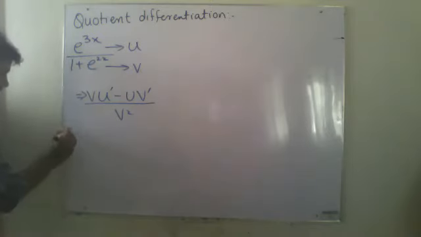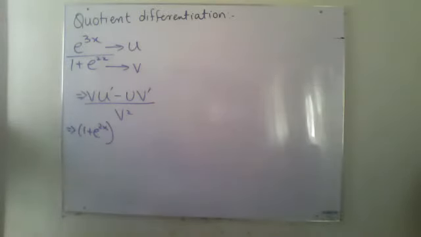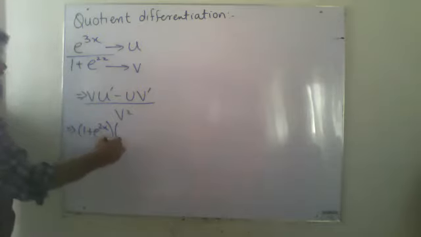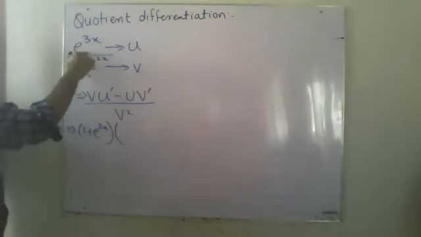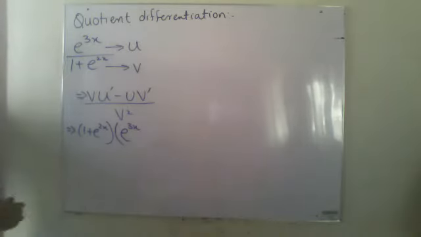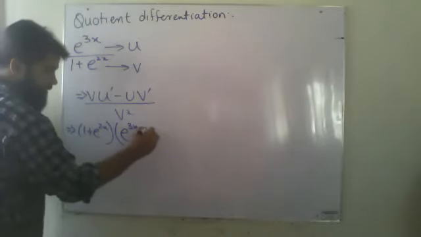See, v is 1 plus e to the power 2x. U differential. So what will happen? In the differentiation of an exponential, first of all we write the whole thing again, and then we differentiate the power, and the power differential will be 3.